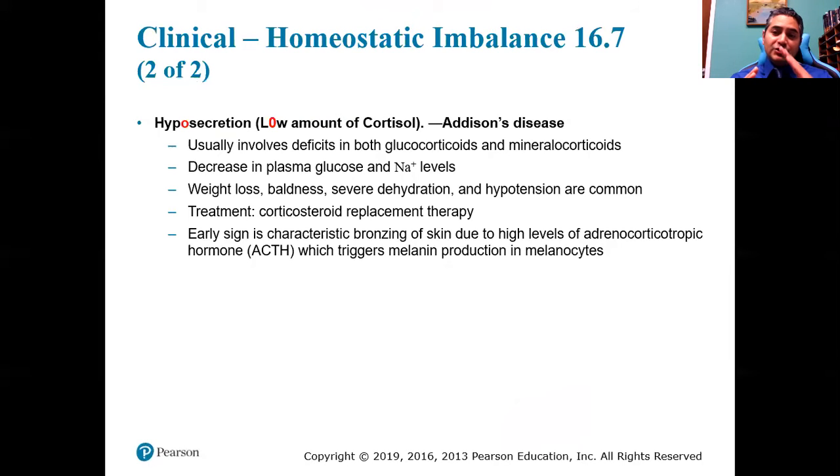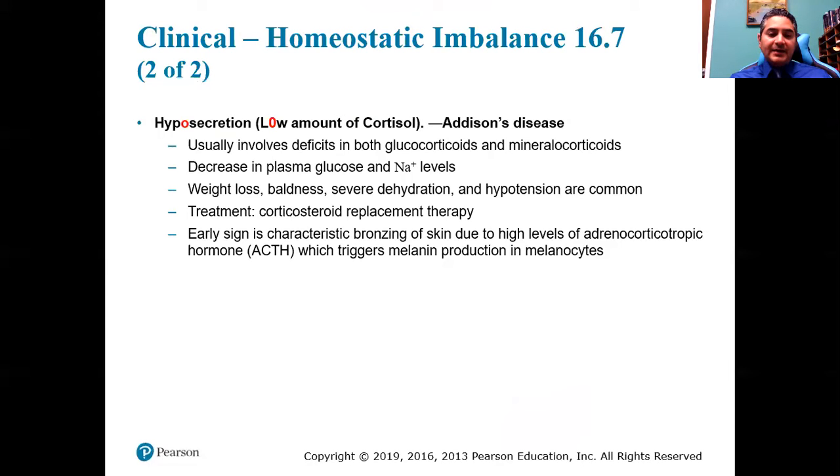Also, let's go back to Addison's. Addison's, less hair. Baldness can be occurring. So in the case of the hypo and Addison's with low, guess what you can do? Give them the corticosteroid replacement therapy and bring that back up, right? Now, here's another interesting thing with the symptoms or certain characteristics.